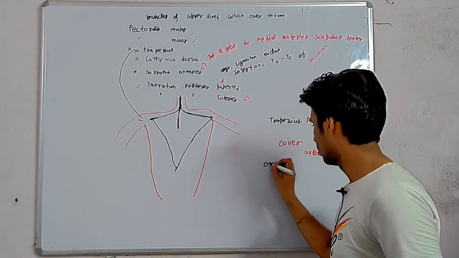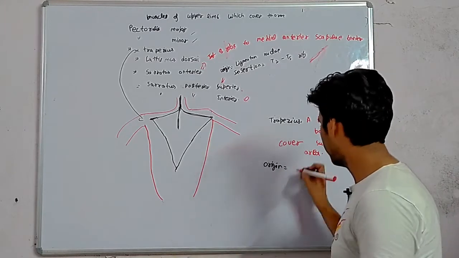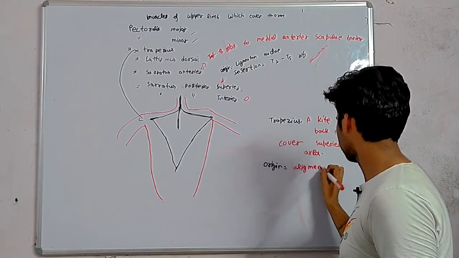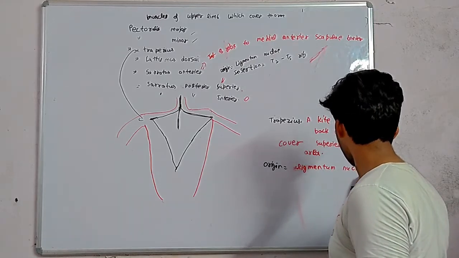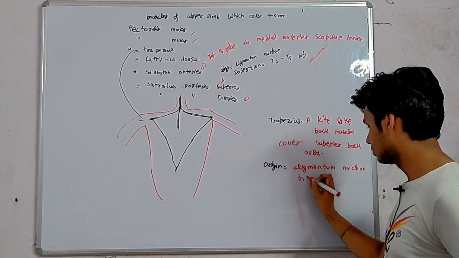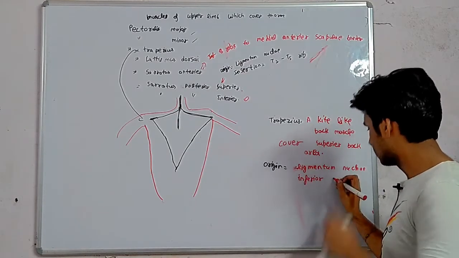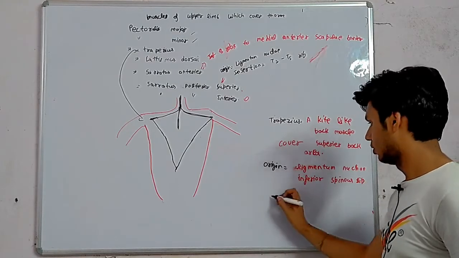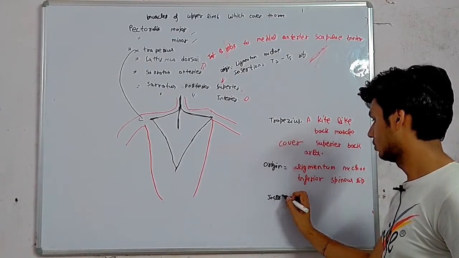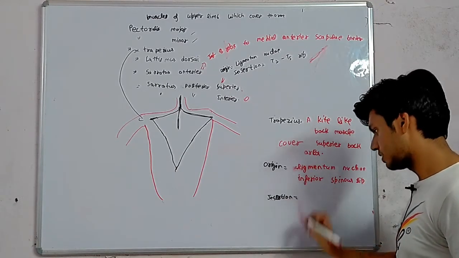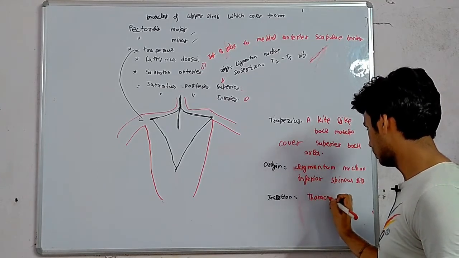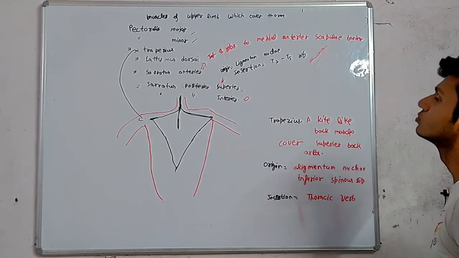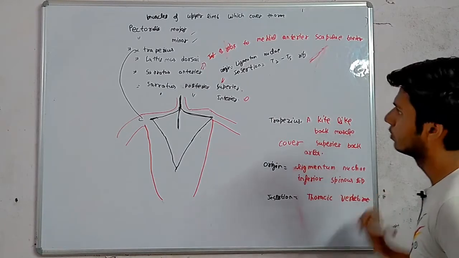The origin is the ligamentum nuchae, nuchal line, ligamentum nuchae, inferior spinous lip, and the insertion is the thoracic vertebrae. Done. So we have covered the whole muscles.